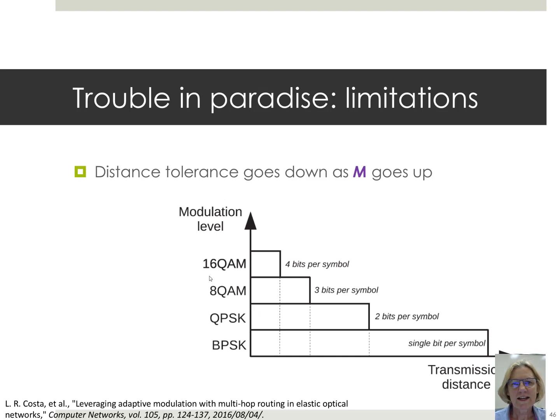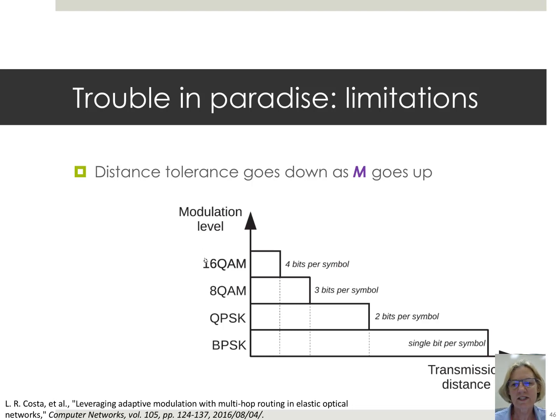There is some trouble in paradise even when we have these programmable modulators, and that is that there are limitations in transmission distance, which is directly related to M. So the distance tolerance goes down as M goes up.